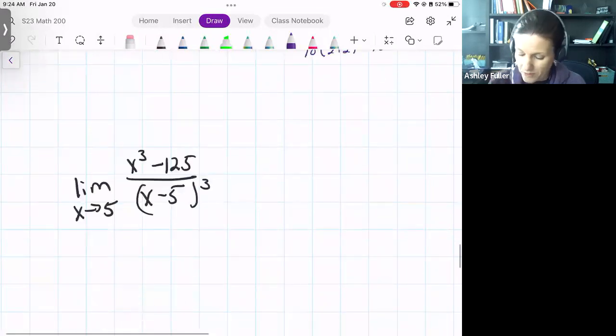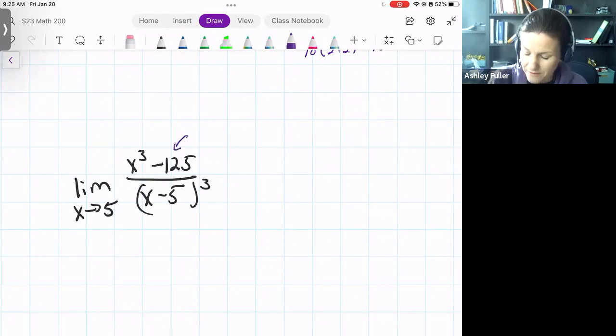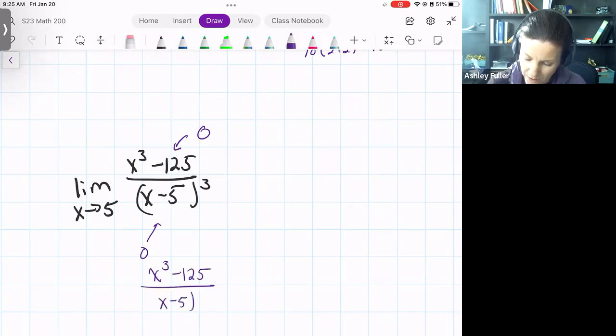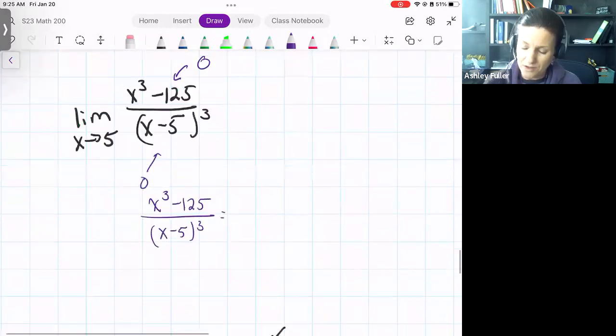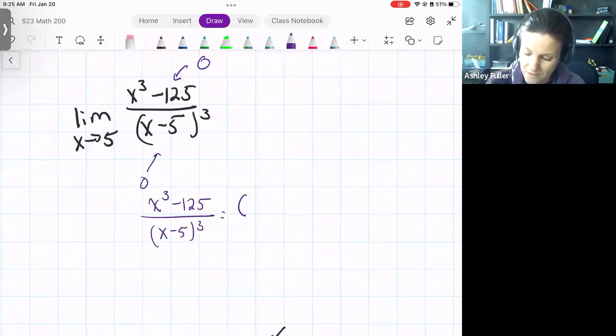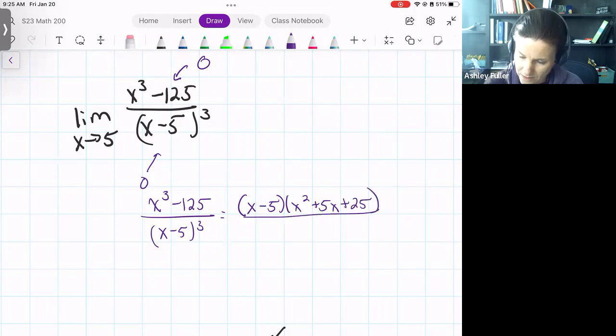As another example, consider this one. Again, we have to check that both the top and the bottom equal 0 at the value. When I plug in 5 here, I get 0. When I plug in 5 here, I get 0. So pulling out the function and working with it algebraically, we have to use our difference of cubes up top, which gives us x minus 5 times x squared plus 5x plus 25 over x minus 5 cubed.